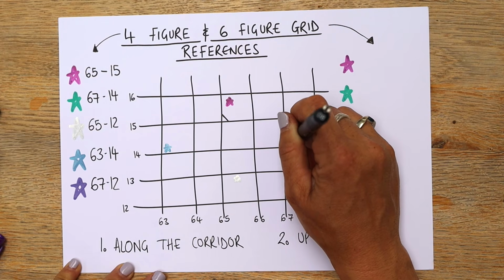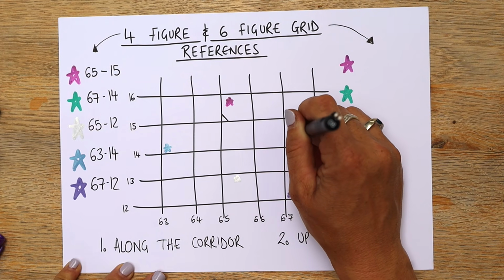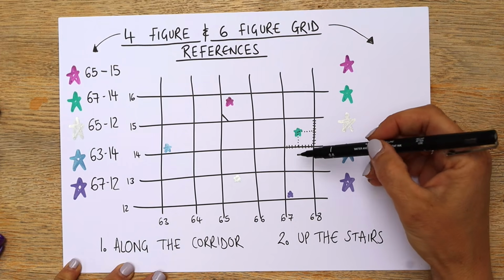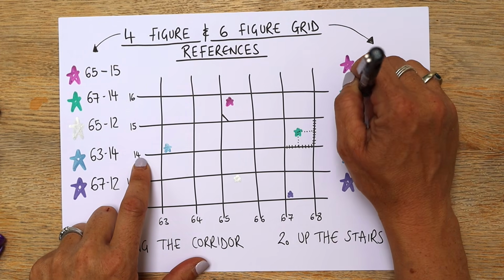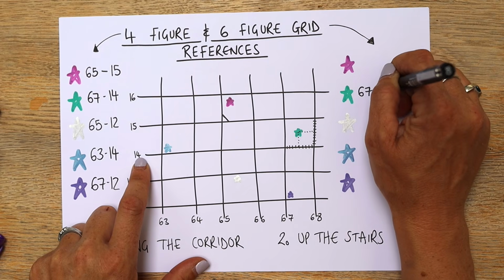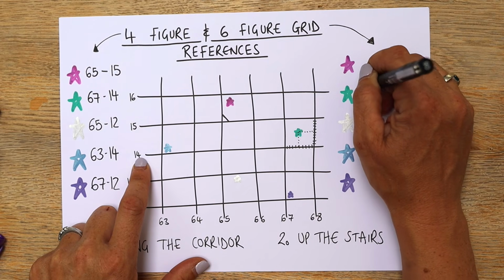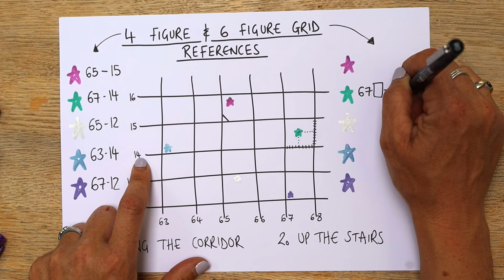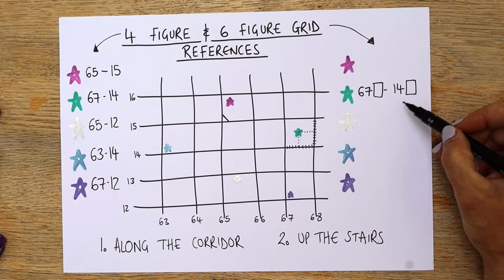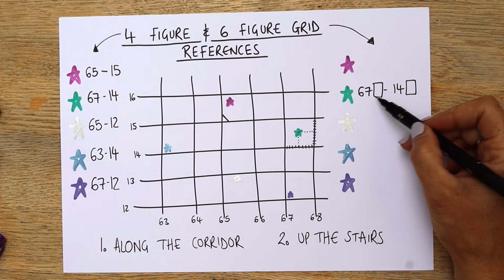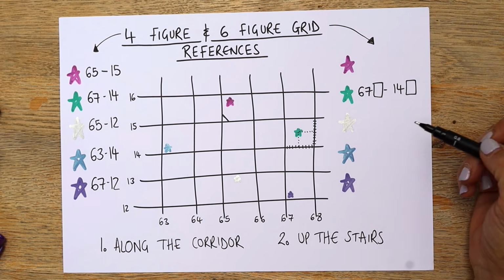And so, for example, the green star, I'm going to do that one first. If I put some dots going down and dots going across, there we go. I know I'm 67-14. But there's a missing number. We need one more number after each to make it a 6-figure grid reference instead of just 4 numbers.